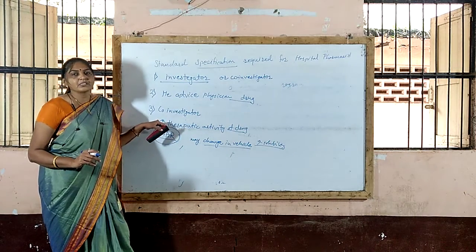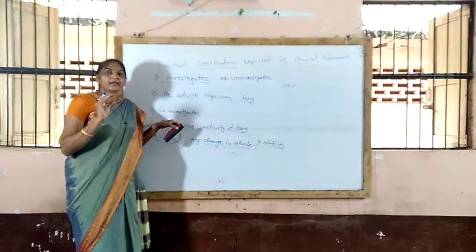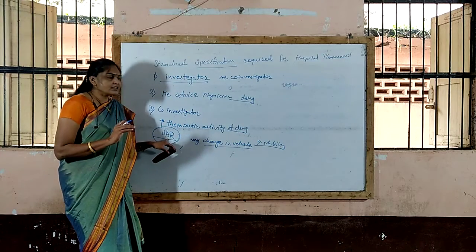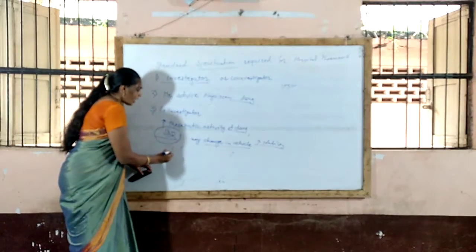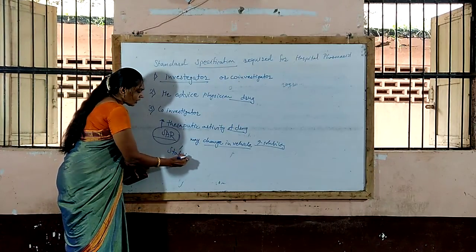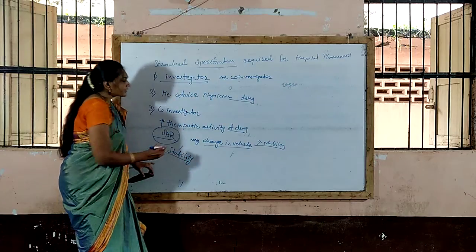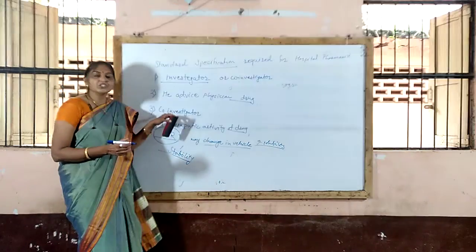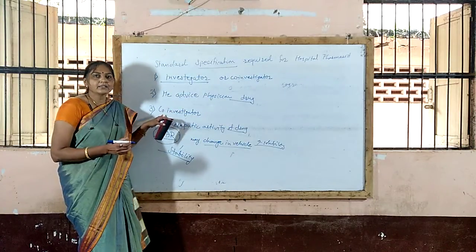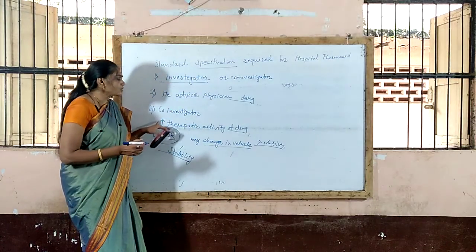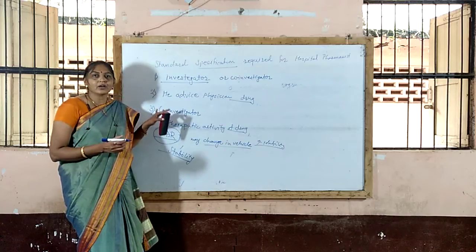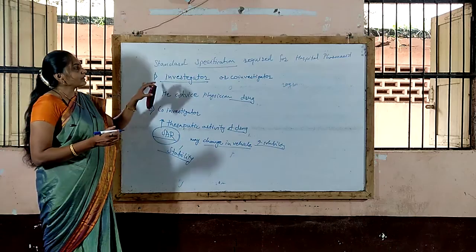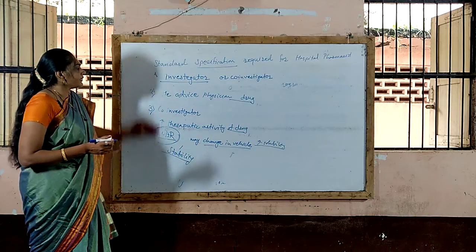The aim of the pharmacist is to increase the therapeutic activity of the drug by changing the vehicle, by changing the structure activity relationship, or to maintain the stability of the drug. That is carried out by the co-investigator, who along with the physician is working as a co-investigator so as to increase the therapeutic activity of the drug, and in this way he is helping the physician inside the research.